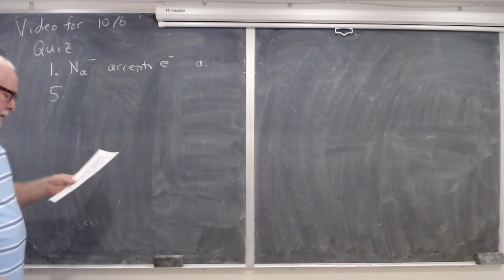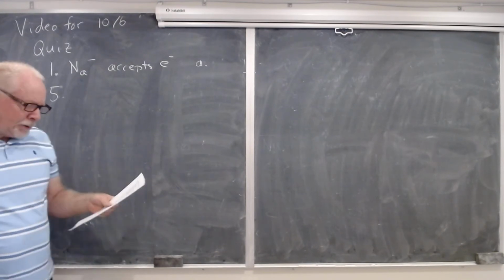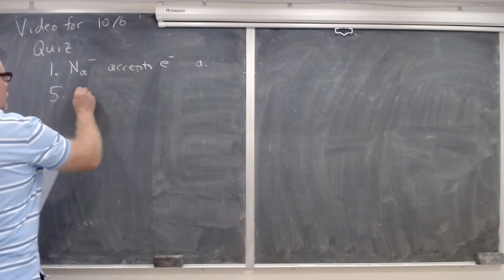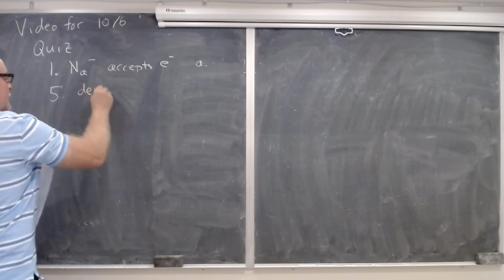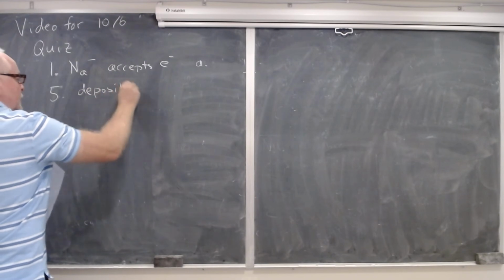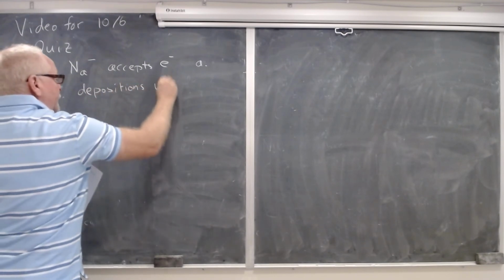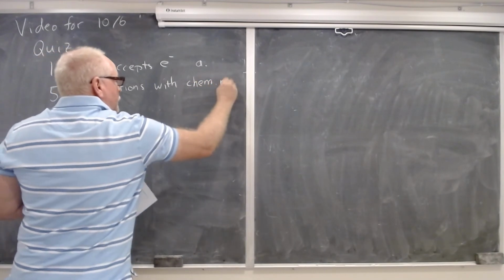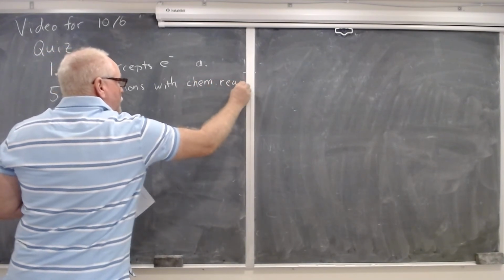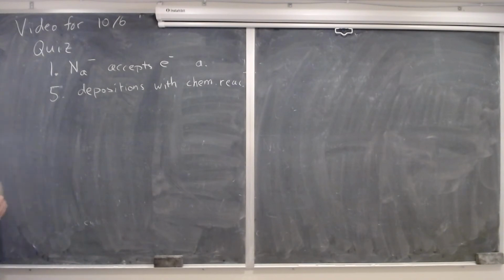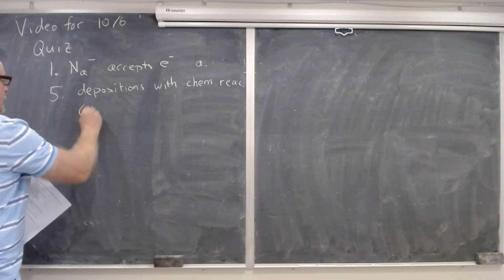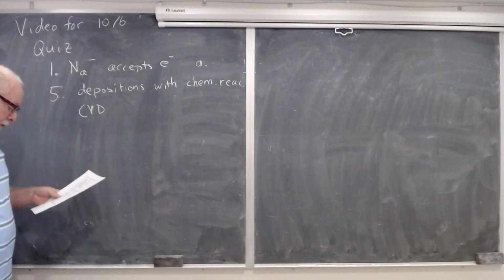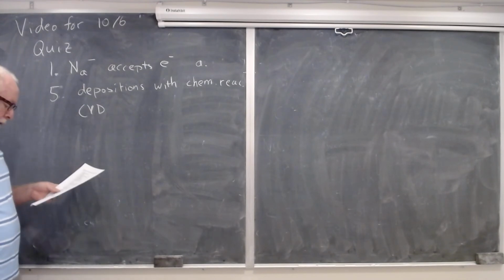Number 5, that question 7 people got wrong, and I guess in retrospect that might make some sense, because I said, for which of the following can a chemical reaction take place at the substrate. So the depositions with chemical reaction. Of course, CVD is one, because that's basically what the title is, chemical vapor deposition.